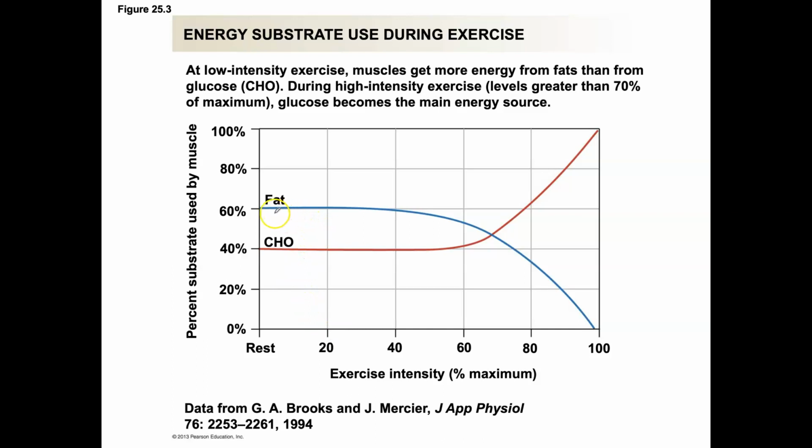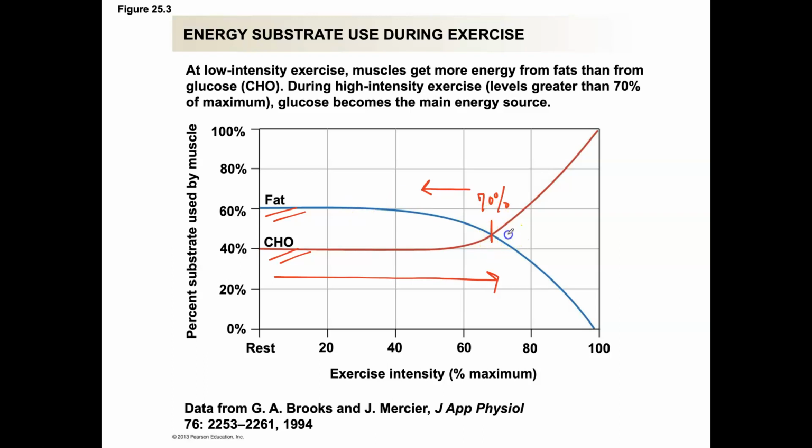So as the intensity of the activity increases, you'll notice right here at about the 70% level, if we stay below 70%, you actually can burn fats more efficiently than carbohydrates. So there's a fat burning that's taking place at a more efficient level than carbohydrates.